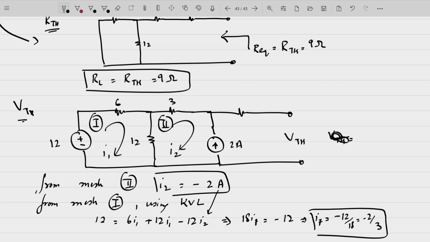If you apply KVL in this complete mesh, 12 is equal to 6I1 plus 3I2 plus 2 ampere times the voltage around it, that is VTH.